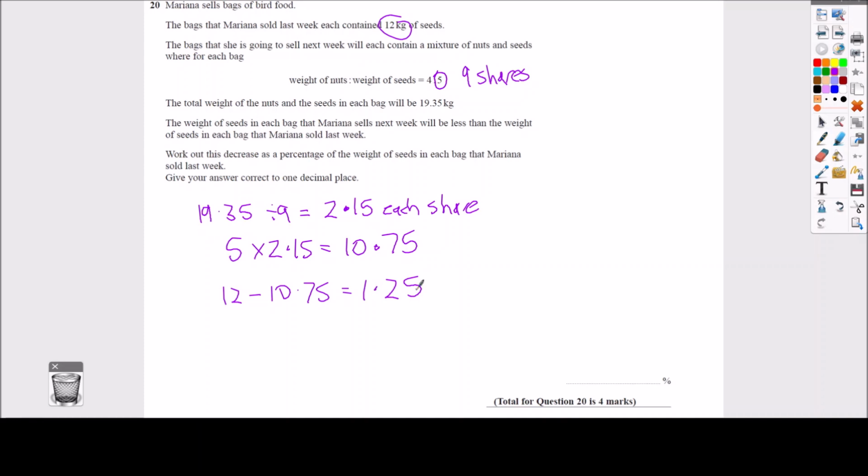So we take the actual decrease, which is 1.25, divide that by the number of seeds sold last week, and to turn that into a percentage, we multiply that by 100. So you do 1.25 over 12, multiply that by 100, and you get 10.416 recurring. Answering the question, give your answer to one decimal place, that is 10.4%.